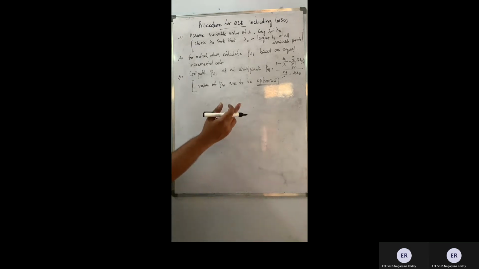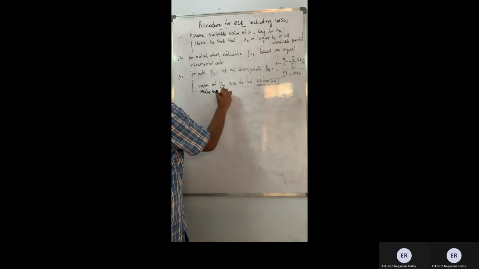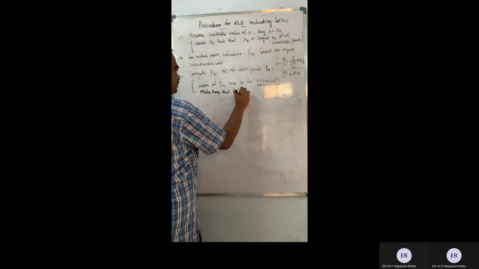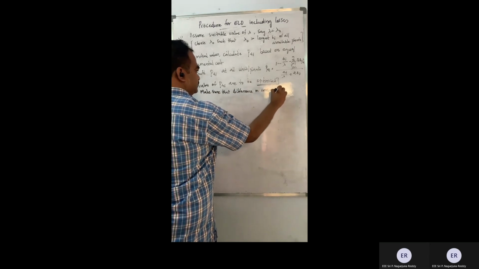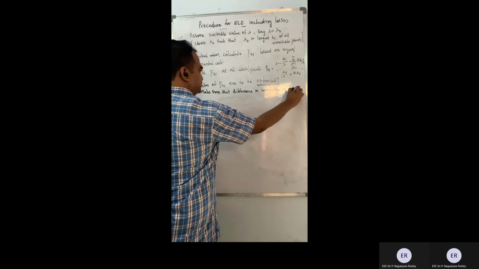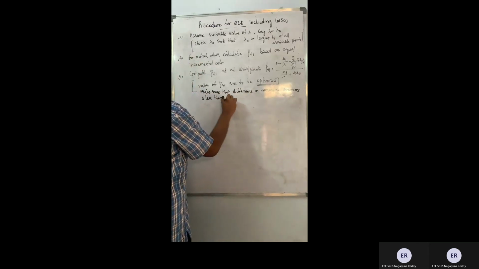So what do you mean by optimizing? I told you now. Make sure that the difference in consecutive iterations is less than your tolerance, because we have already taken up our tolerance, isn't it? So generations are to be optimized and make sure that you don't have a larger difference between your consecutive iterations.